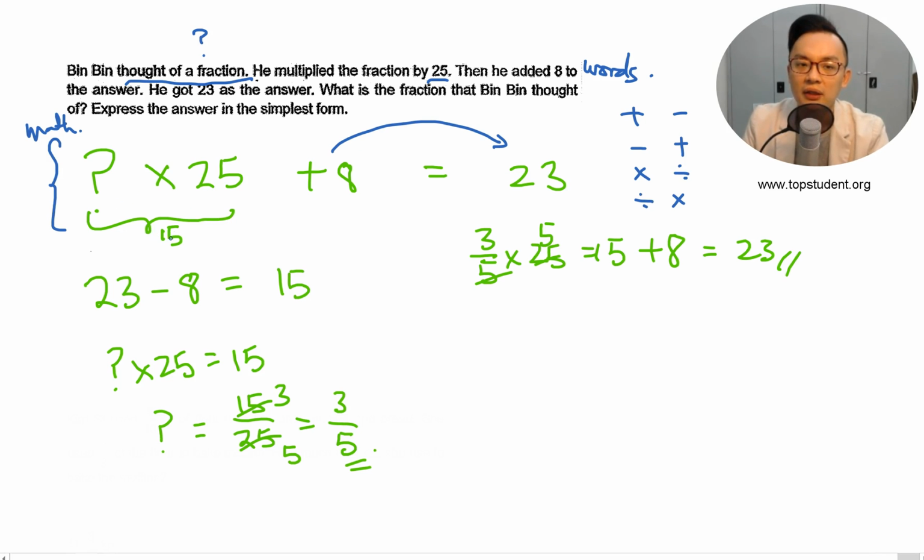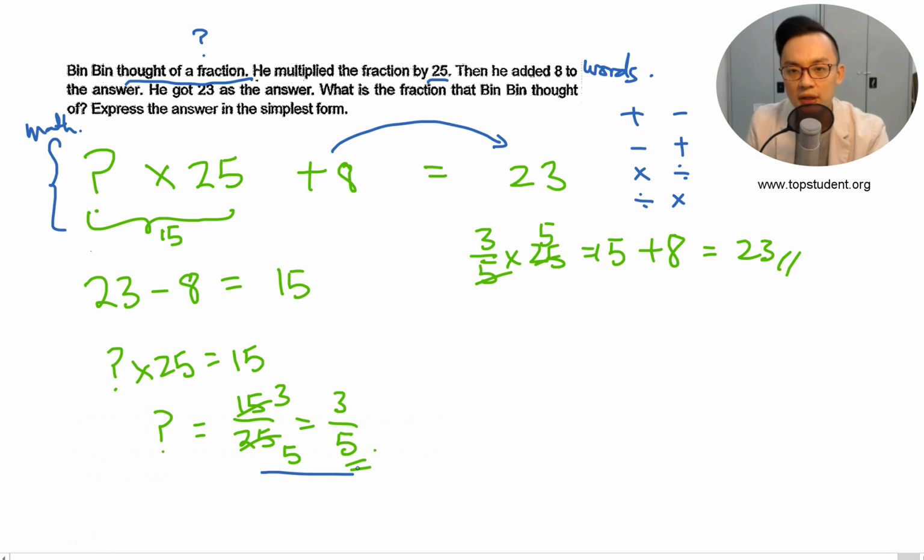Once I get 15, I can work it out: question mark times 25 equals 15. To get the question mark, I need to divide by 25. Times becomes divide, plus becomes minus, minus becomes plus, and divide becomes times. And then over here, just convert it to the simplest form.